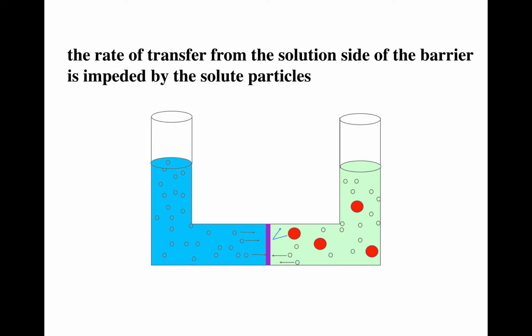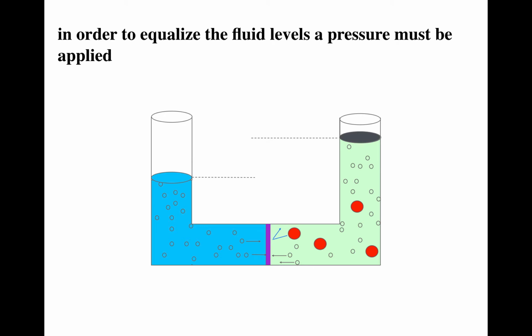You don't impede the other side, so you end up making the levels of liquid unequal, right? You end up building a pressure on the one side. So in order to establish the rate in one direction equal to the rate in the other direction, and get the levels back to normal, you've got to apply pressure.